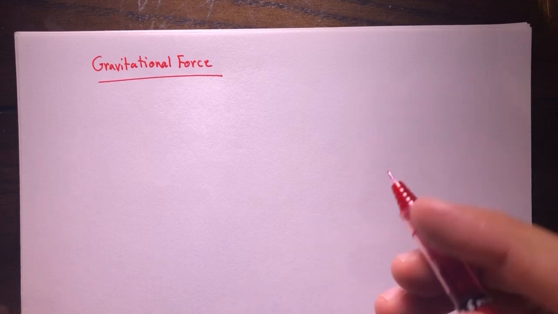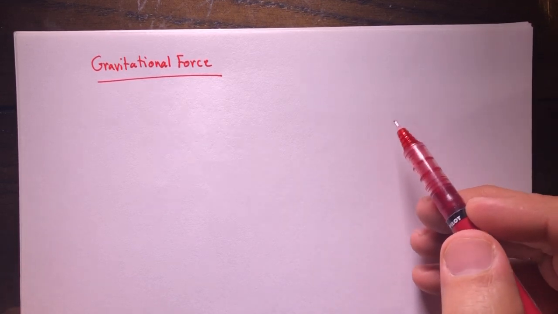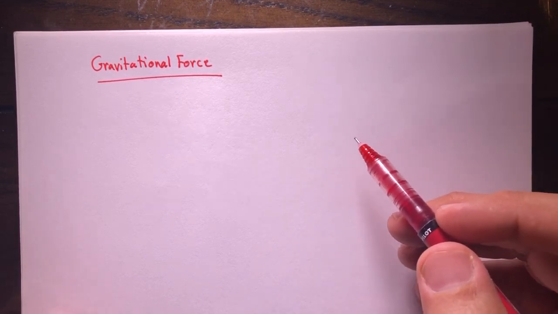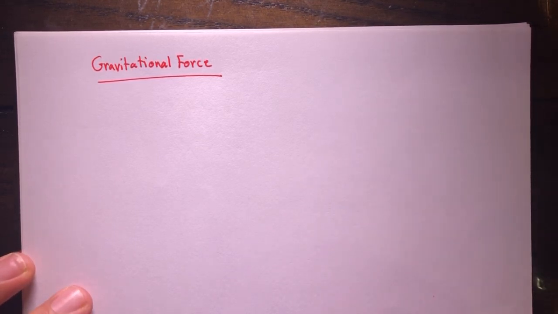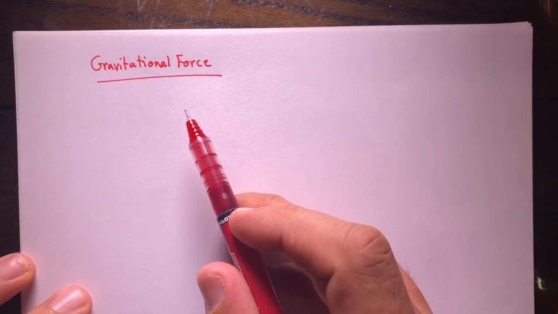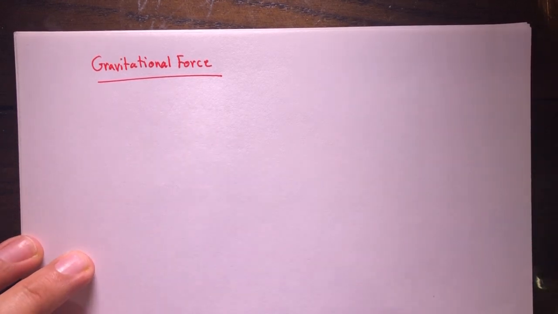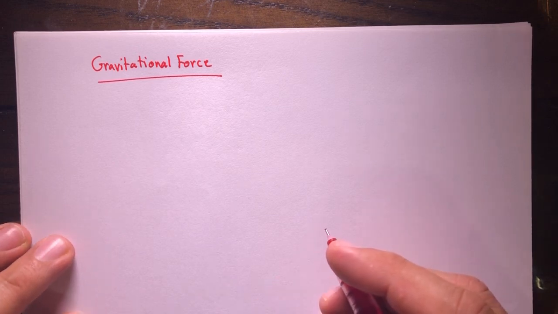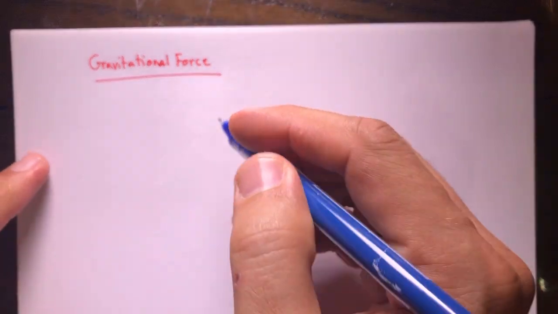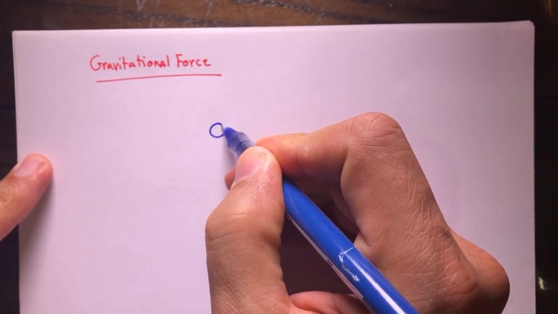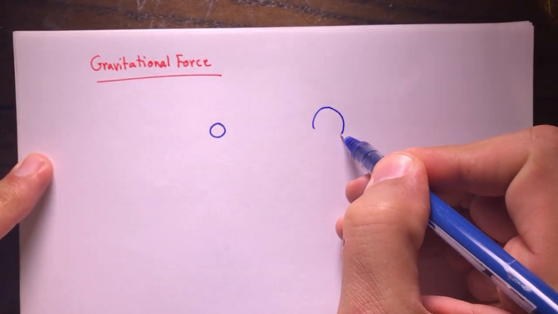Newton tried to explain the motion of all the planets and stars after gathering all the previous works together, and tried to explain all of them with one equation. He finally came up with this equation, this gravitational law. Based on this law, if you have two masses, they can be small or big, anything.